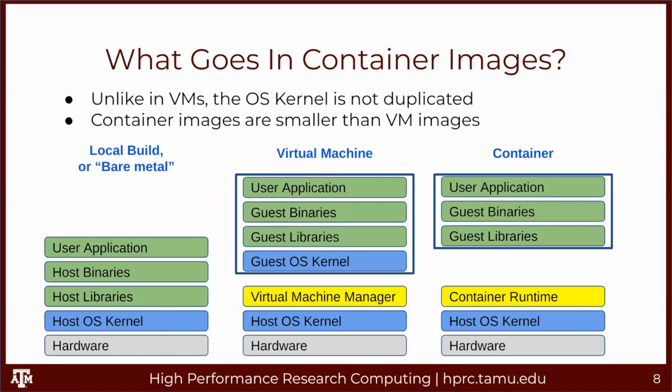These would be things like libc, which is the C library that many executables need in order to function. The guest binaries would be the applications that come with each distribution. Lots of distributions come with their own applications, things like the bash shell that we use to manipulate files. And then there's the user applications, which is whatever you want to install on that operating system.